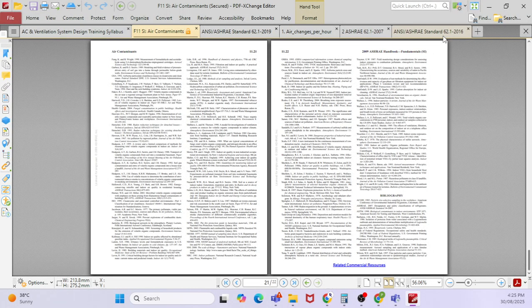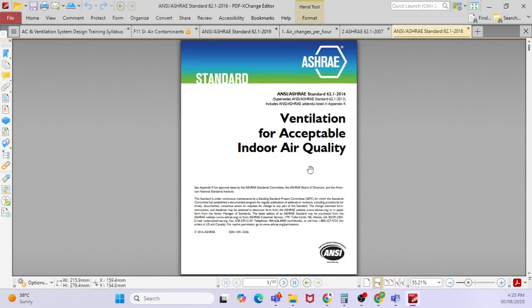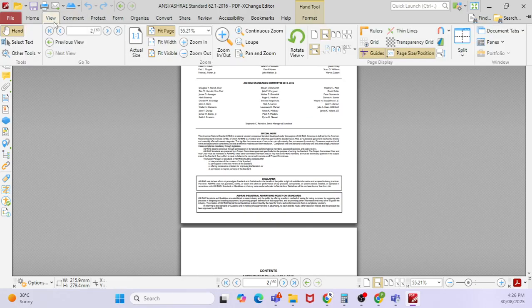So 62.1 tells you what ventilation is acceptable to maintain proper indoor air quality. That is what this particular standard, 62.1 2016, or 2019, 2020, 2022, you have different versions.